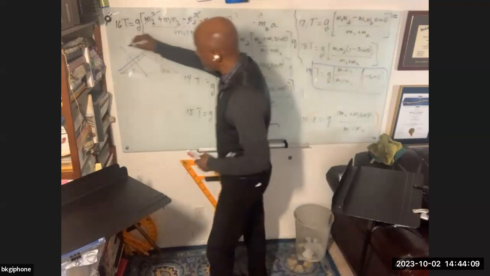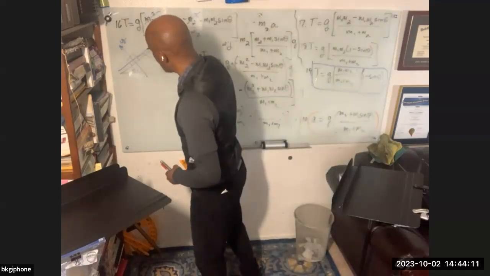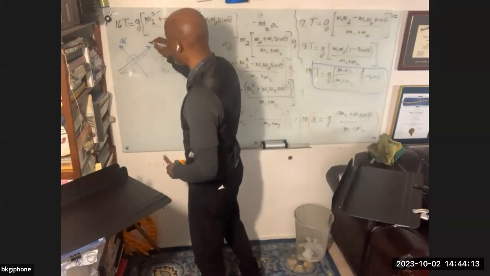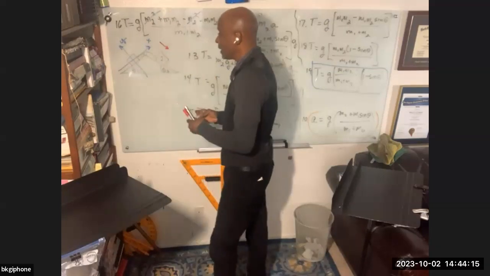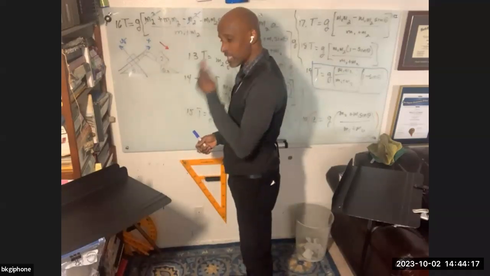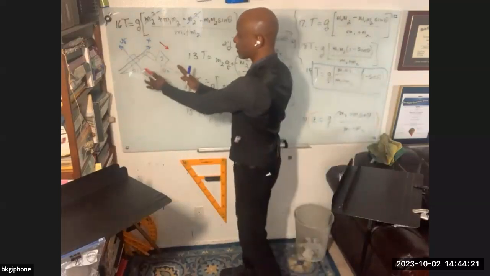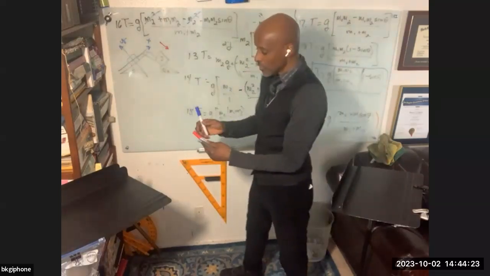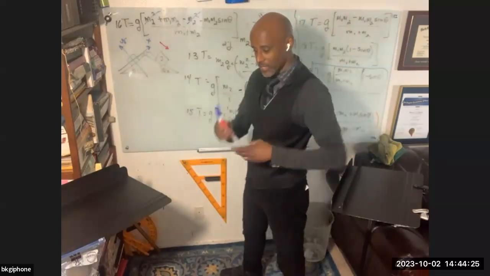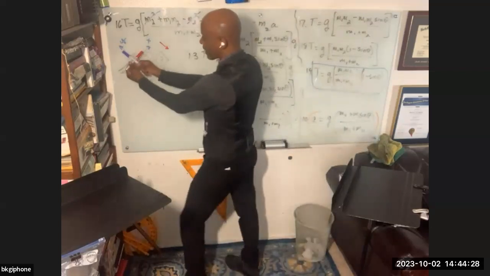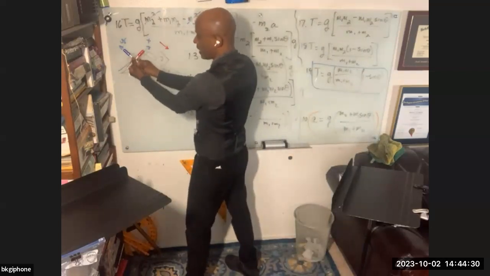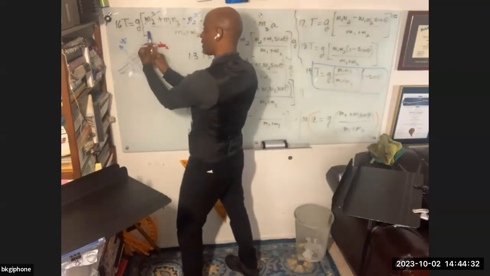So let's say that we have this as the y-axis, and then the positive x-axis for block one is up the plane. Well, if they have the same acceleration, then technically they should be moving in the same direction. Now, I know it doesn't look like it, but you can make it do that mathematically. I establish my coordinate system like this, and then just shift it over the plane.